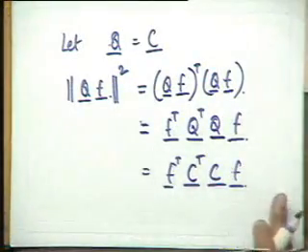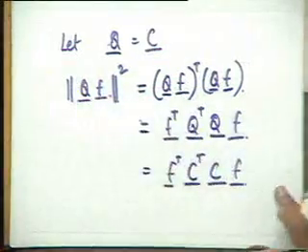So we can very well choose Q equal to C because that satisfies our minimization criteria. Ultimately we have to minimize this norm of QF squared.